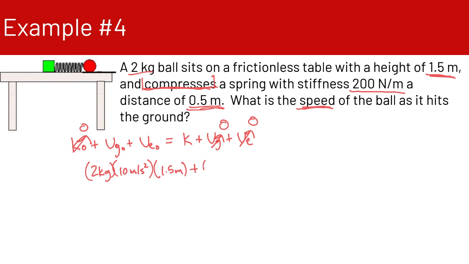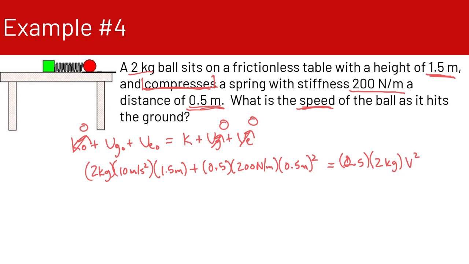So that's 1/2, so I'll call that 0.5 times k, which is 200 newtons per meter, times x, which is 0.5 meters squared. And that's equal to our kinetic energy right before we hit the ground. So that's 0.5 times our mass, which is 2 kilograms, times v squared, because we don't know v.